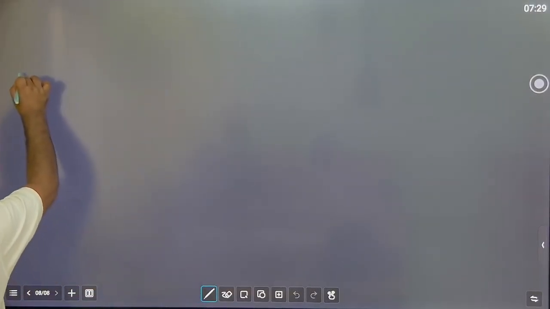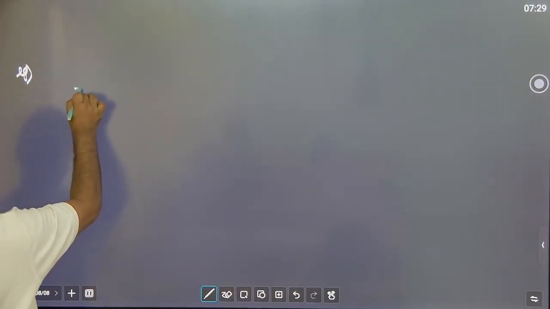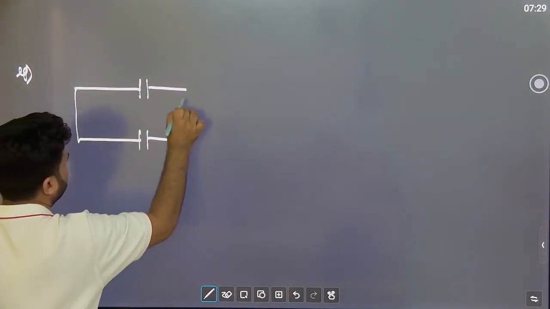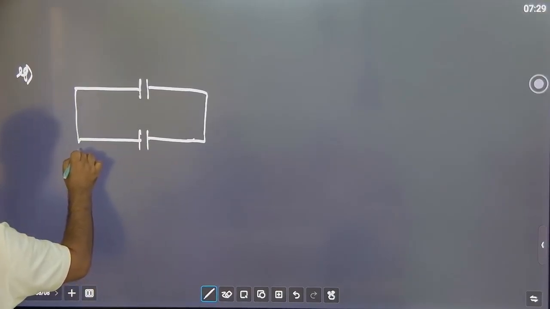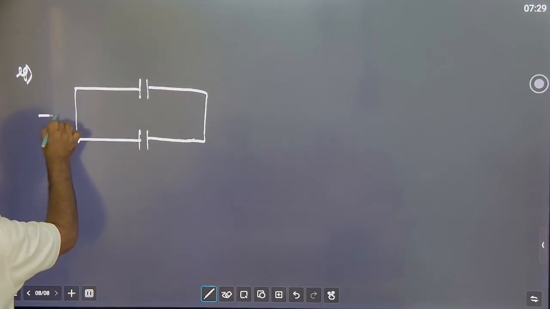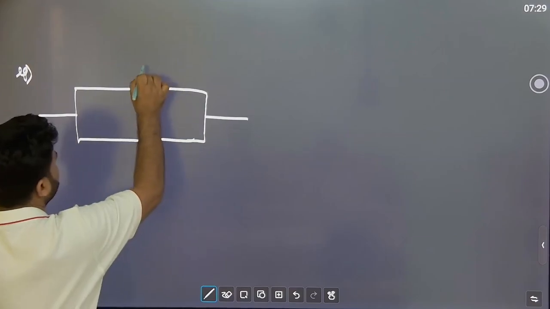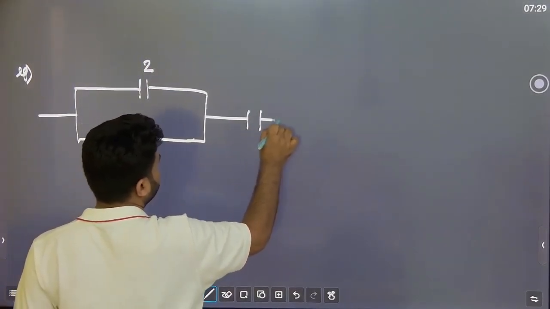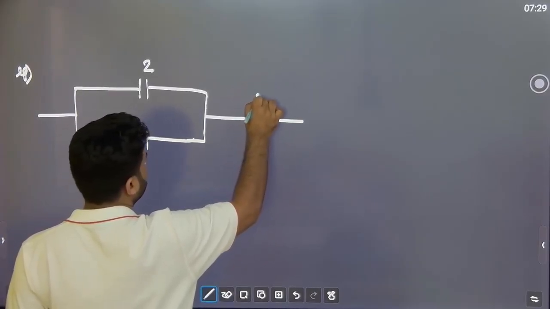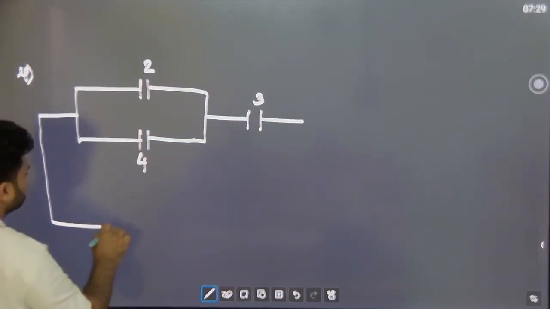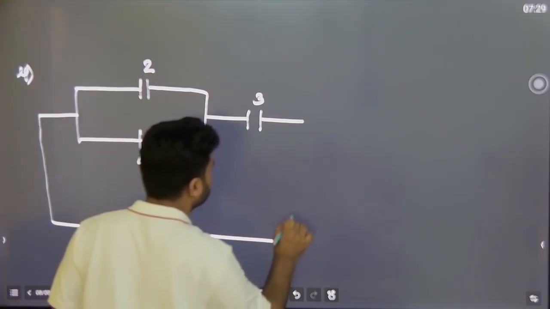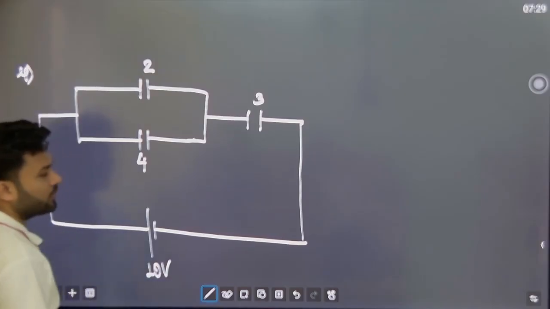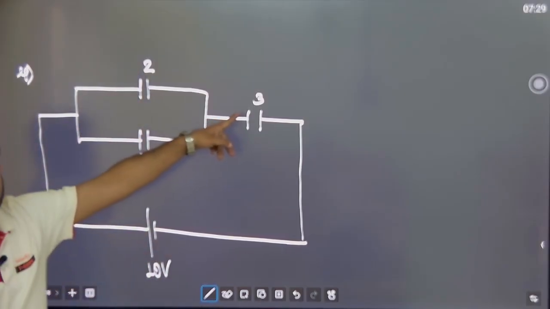Example I am taking so that you understand. This is C1, this is C2, this is C3.